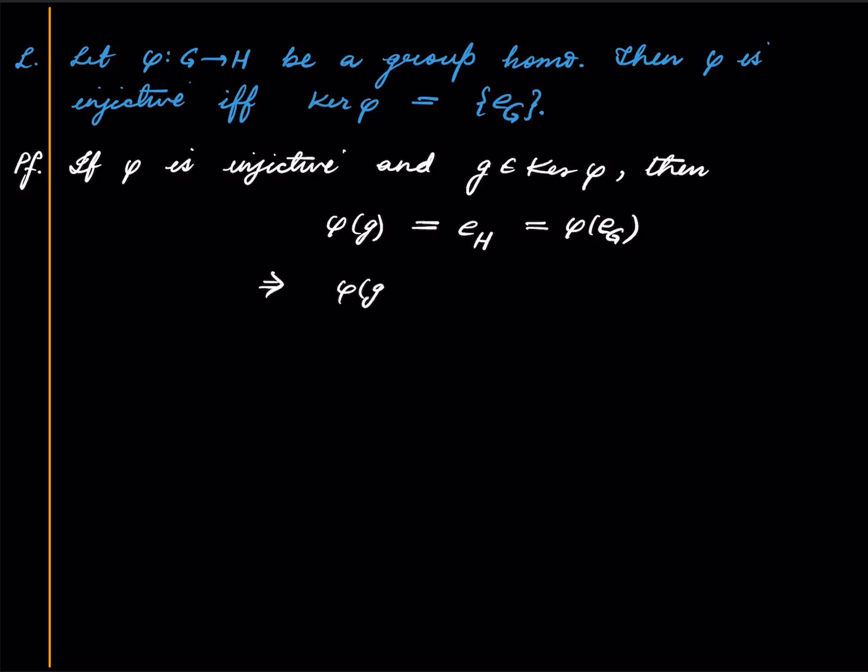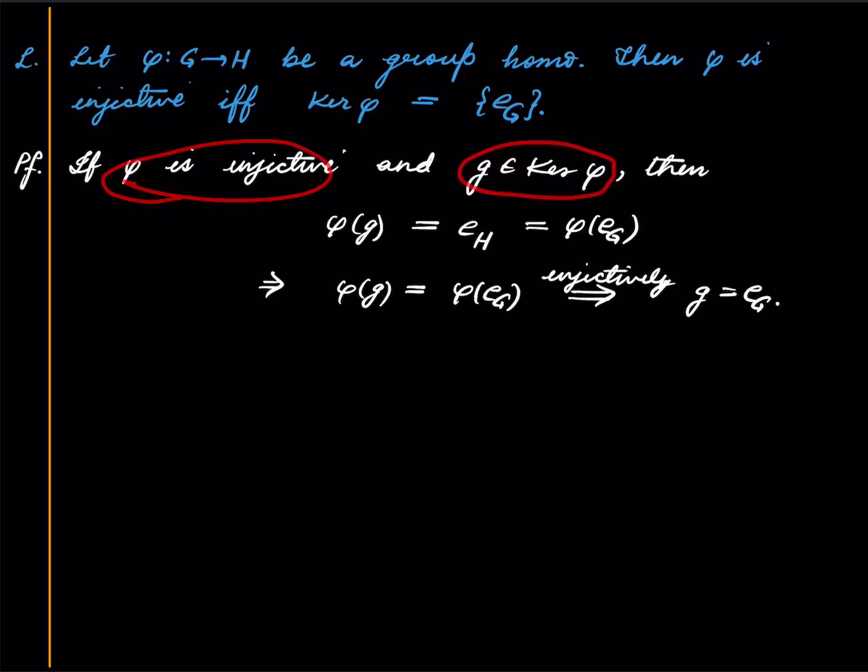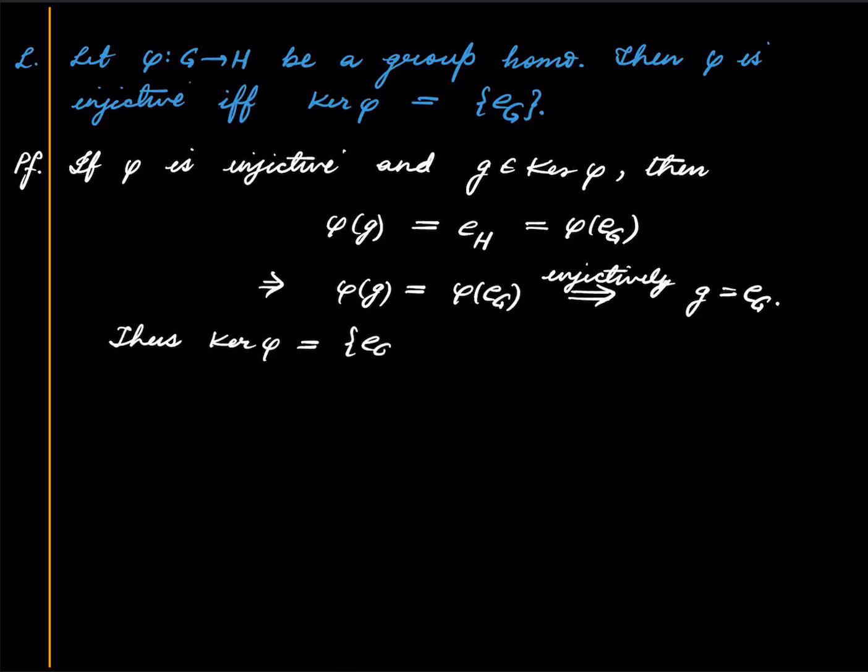So phi G is phi of the identity of G, and by injectivity of phi, this implies G equals the identity of the group. So if phi were injective and we pick some arbitrary element in the kernel, we saw that it's actually equal to the identity. This shows this whole thing implies that. So basically, kernel phi is the identity.